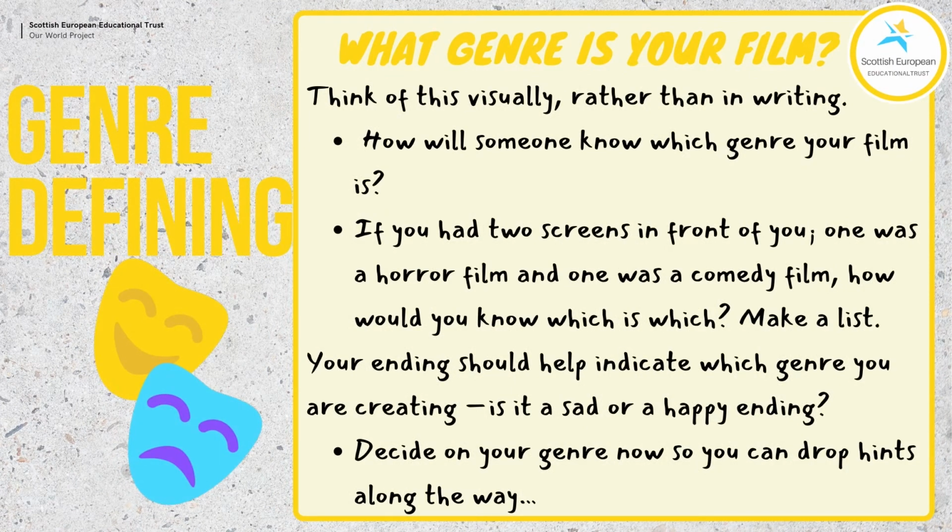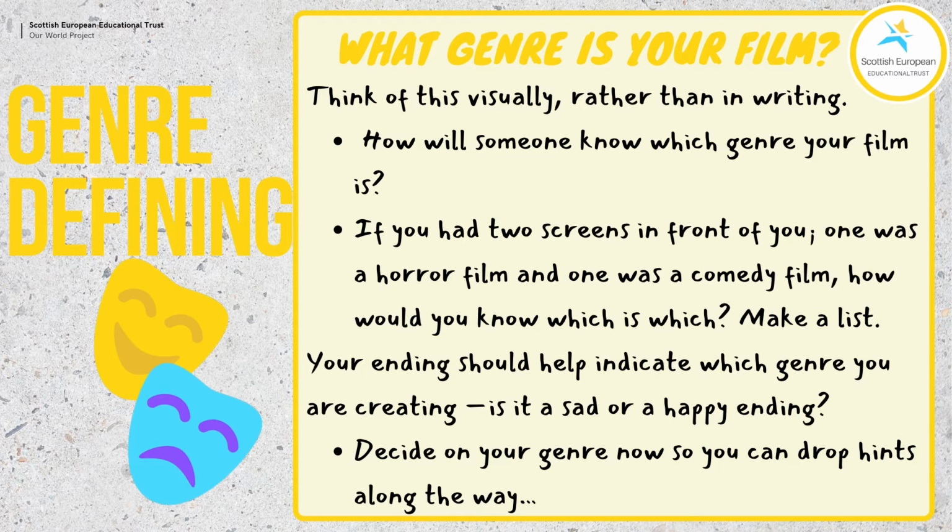So when you're establishing genre in your own film, I want you to think of this visually rather than in writing. So how will someone know what genre your film is? Now, a good way of thinking about this is if you had two screens in front of you. So one was showing a horror film and one was showing a comedy film. How would you know which one is which?